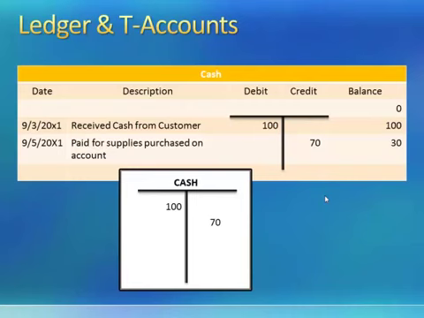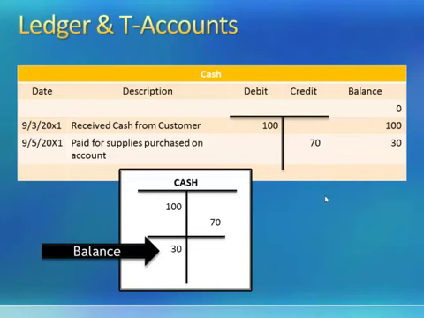We're going to put our account name at the top of the T. We can draw a line, and anytime we draw a line on our T account, that indicates that we're about to report a balance. So we have a debit of $100, a credit of $70, which gives us an ending balance of $30. A T account is just a convenient way to show what has happened in a particular accounting record.